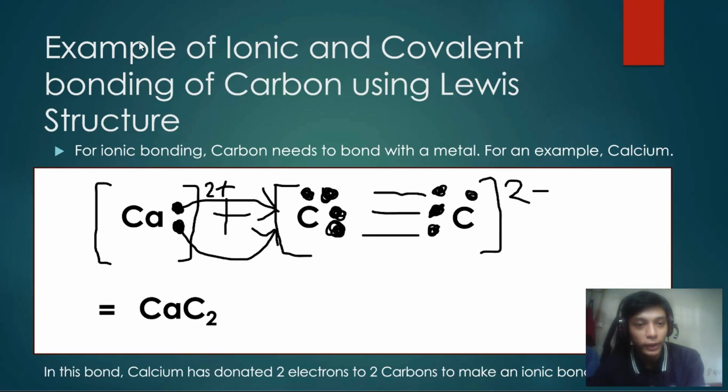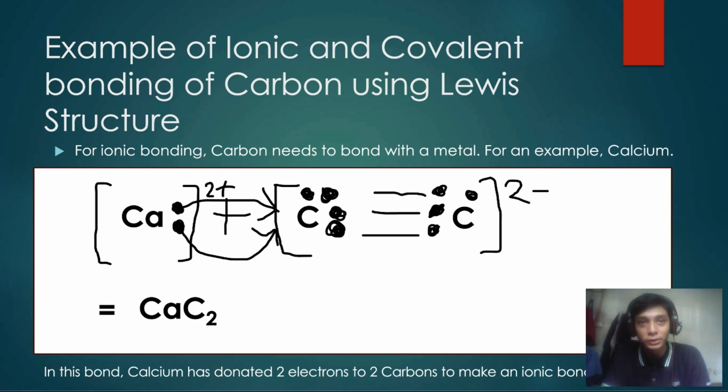The next one is an example of ionic and covalent bond of carbon using Lewis structure. This image, I have drawn it. As you can see here, we have calcium and carbon. Calcium has 2 valence electrons, and it is going to donate the 2 electrons to carbon.